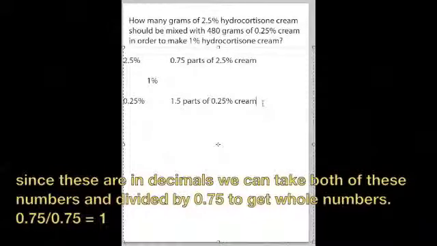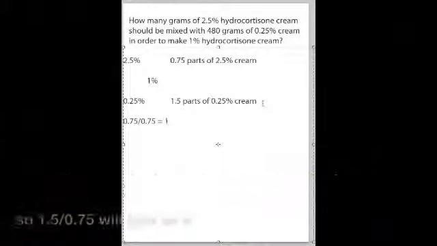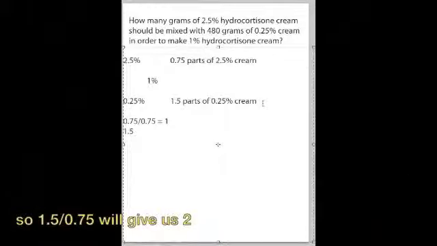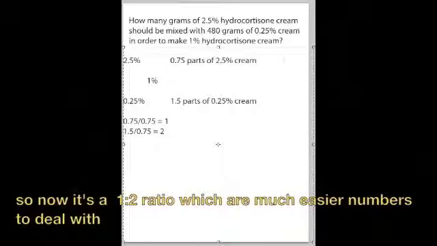Since these are in decimals, we can take both of these numbers and divide them by 0.75 to get whole numbers. So 1.5 divided by 0.75 will get you 2. So now it's a 1 to 2 ratio, which are much easier numbers to deal with.